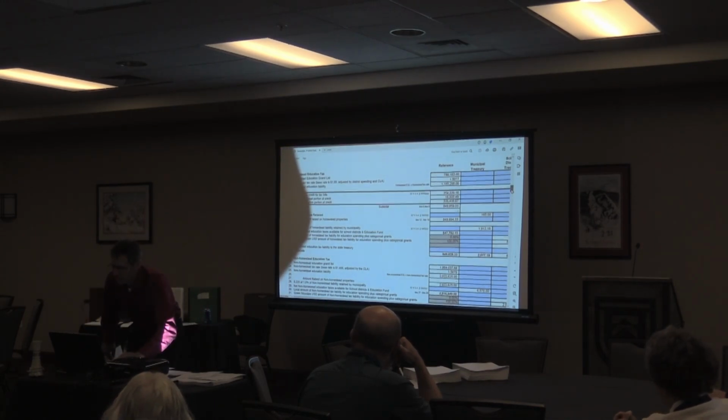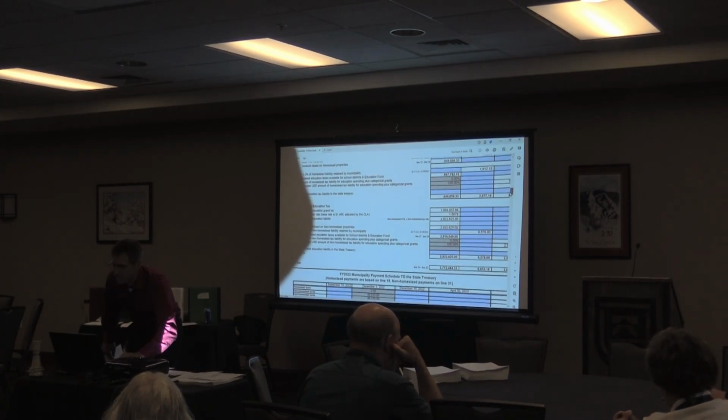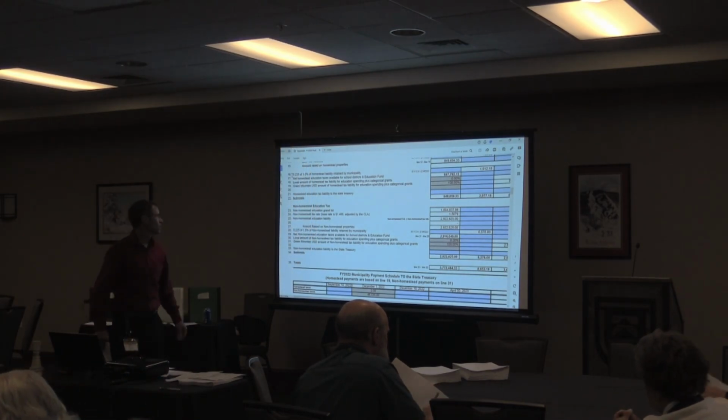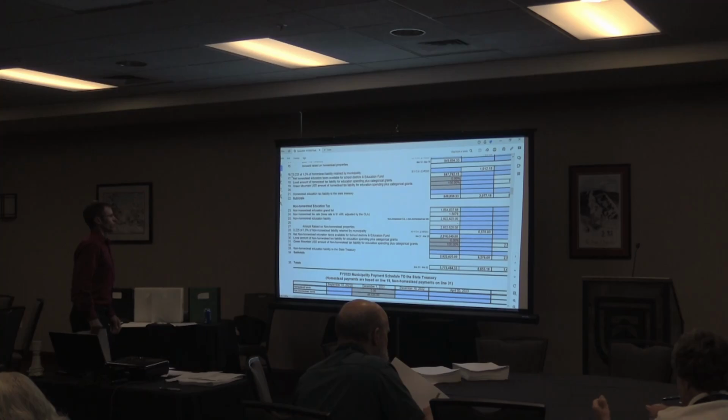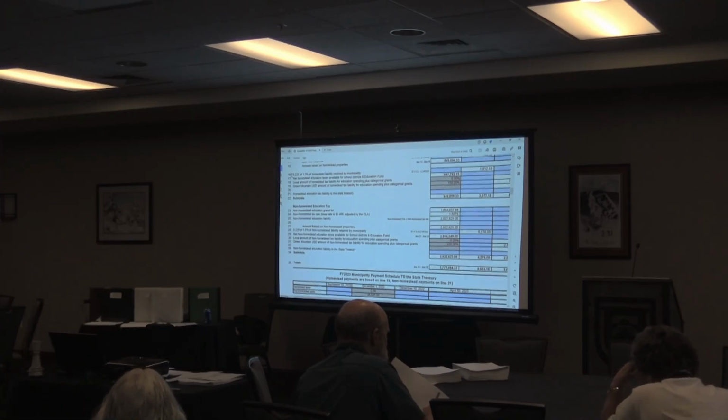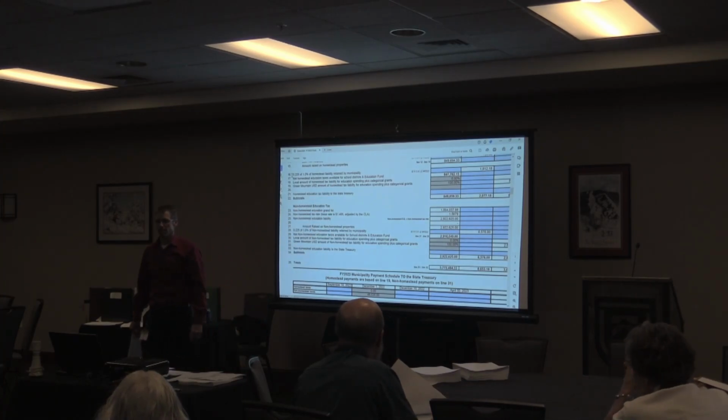Then probably the next piece, right here, line 16. I don't remember off the top of my head why it's 0.225 of 1% of the homestead liability that is retained by the municipality.